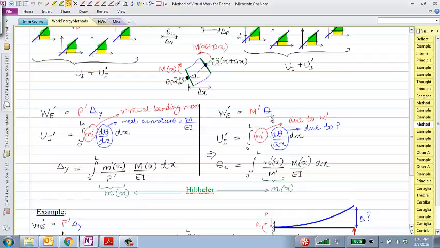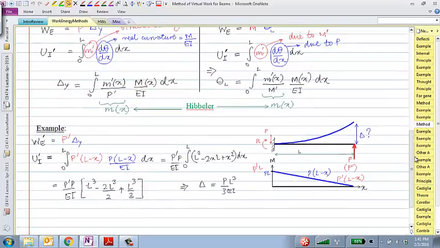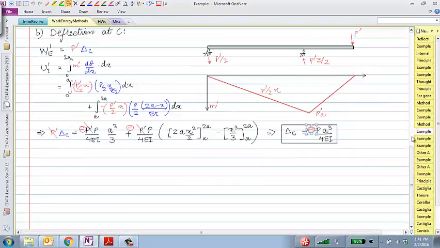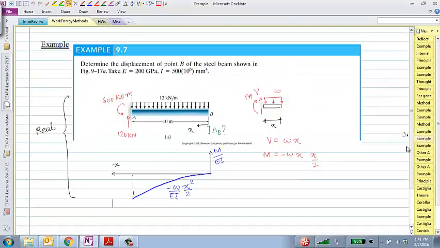There's no half there, as we've talked about several times. The internal energy expression is always the bending moment due to virtual load times curvature due to real load, right? Red times blue. We went through a couple of examples with that. I won't go through that example again. And this is about where we were last time.